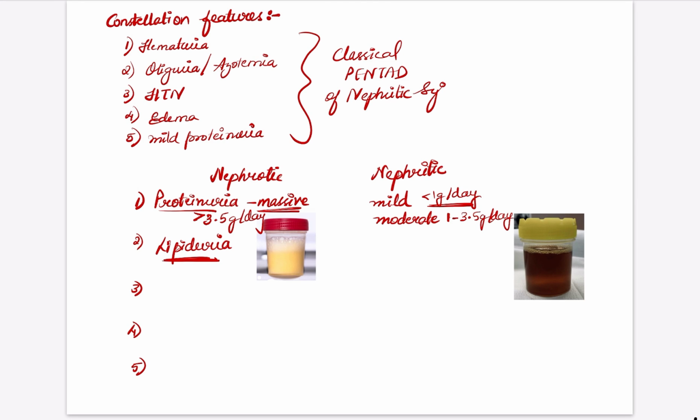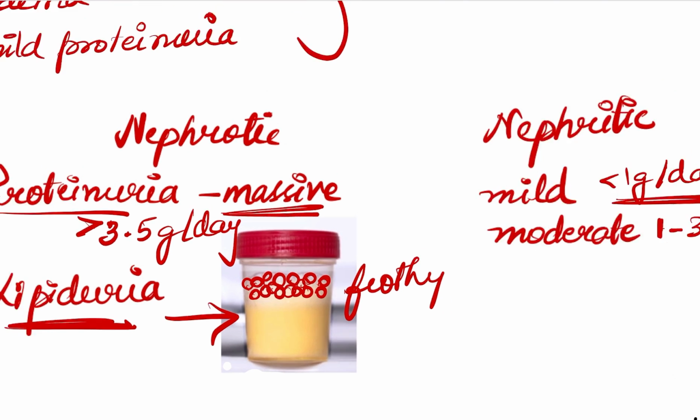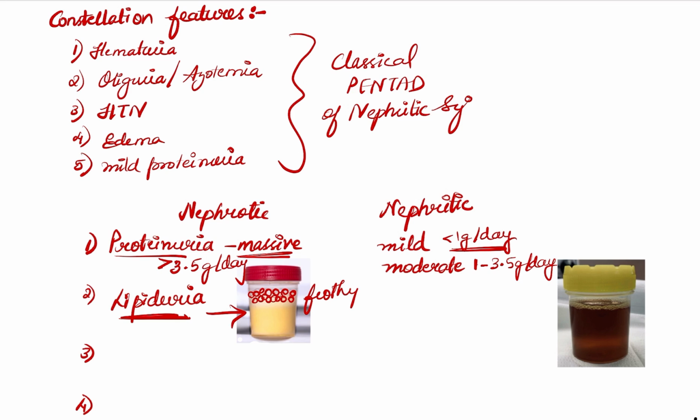It gives the urine a frothy nature, like presence of air bubbles on the top surface. Whenever you void urine into a commode, on the upper surface you find this froth, the bubbles. So presence of huge quantities of froth is called frothy urine, characteristic of nephrotic syndrome.